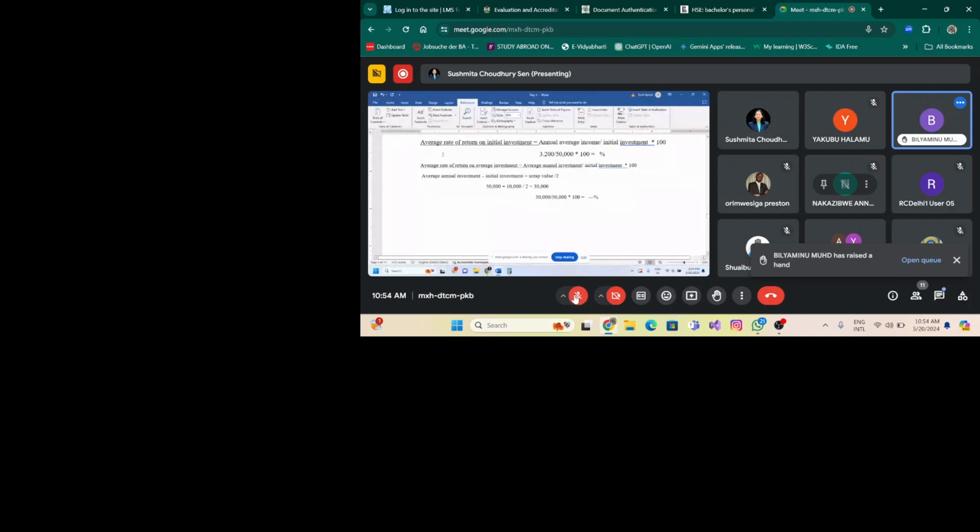The first one is asking you the average rate of return on initial investment. Whatever you have invested, if you are getting 3,200 rupees per year after investing 50,000 rupees, what is the profit percentage that you are earning? That is the first question. And the second one is asking, let's say your investment and your scrap is together 60,000.